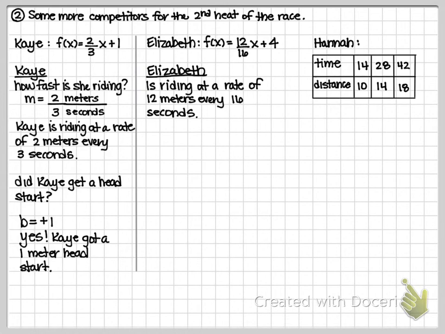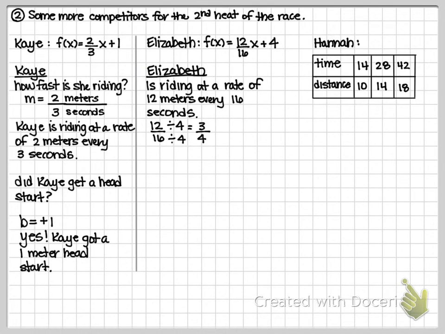But I wonder if this can be simplified. So I'm going to take a look back at Elizabeth's equation and see if I can simplify the 12 over 16, which I think I can. I can divide both of those by 4 evenly. So that's going to give me 3 over 4. Okay, so let's rewrite this then.